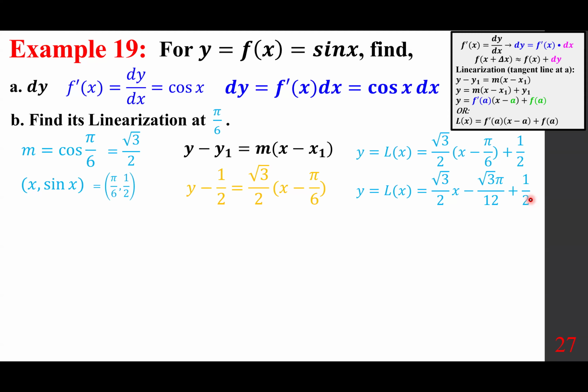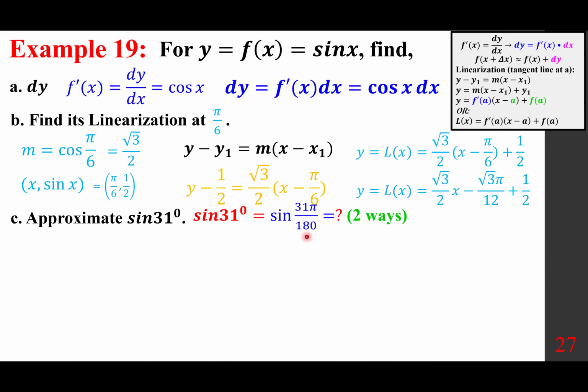Okay. Why do we need this for? Well, part C. Approximate sine of 31 degrees. Before we move on, and I can't emphasize this enough, this must be in radians, everybody. This must be in radians. So please understand, 30 degrees means pi over 6. 31 degrees means 31 pi over 180.